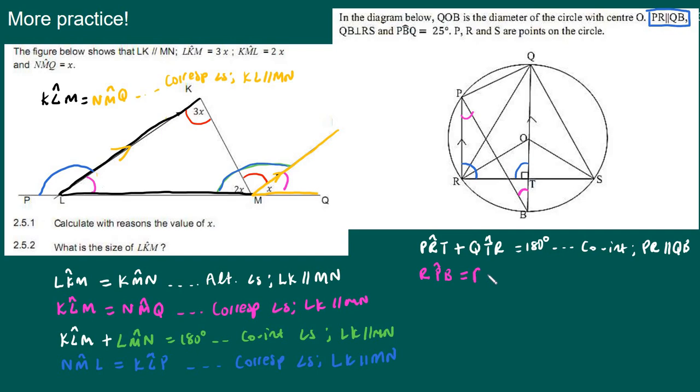Great stuff. So that would be PBQ. They are equal because those are your alternating angles, because PR is parallel to QB. Great stuff.